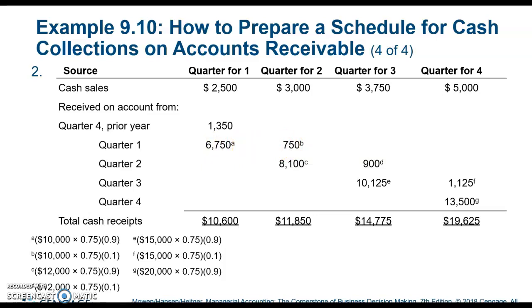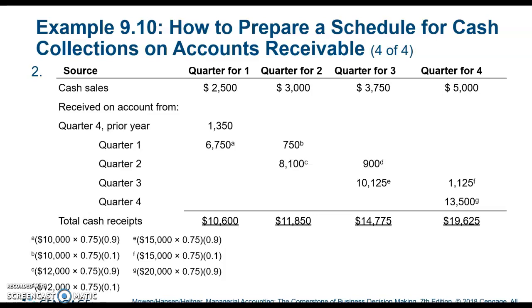Now, quarter 2, we expected to get $12,000 of sales total. So $12,000 times 25% is our cash sales, which is up here. $12,000 times 75% on account means that we expect to get $9,000 on account in quarter 2.